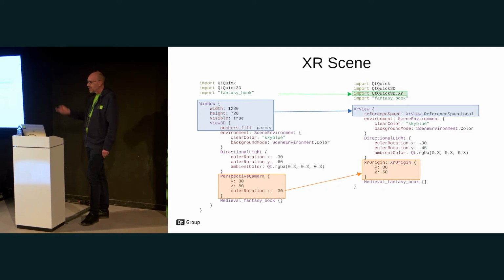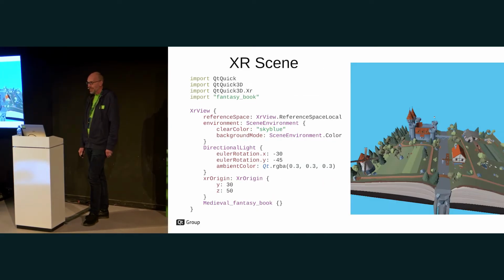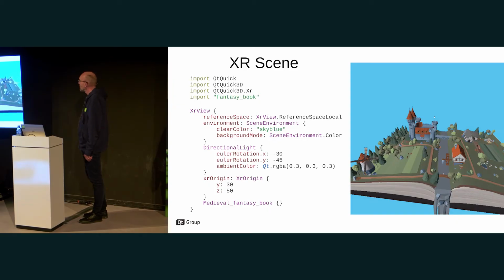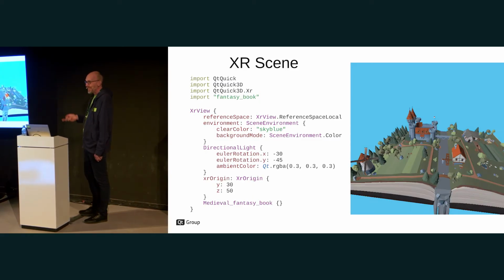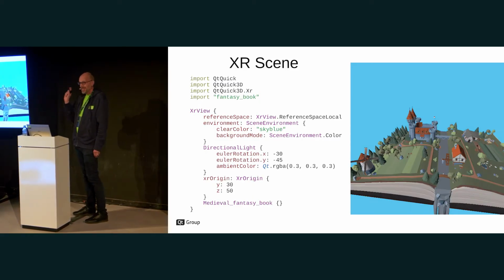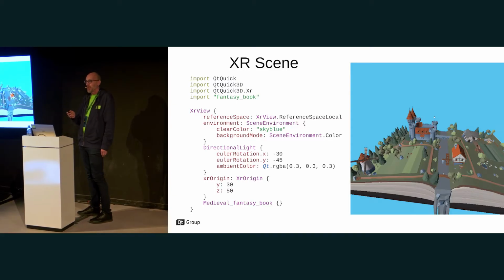So when we run this, it will look like this, and I can look around at the model from different directions. So, yeah, apologies if you look seasick. I mean, it looks completely natural when you... This is why it's so hard to demo VR, because it never looks the same on the screen as it looks in the headset.